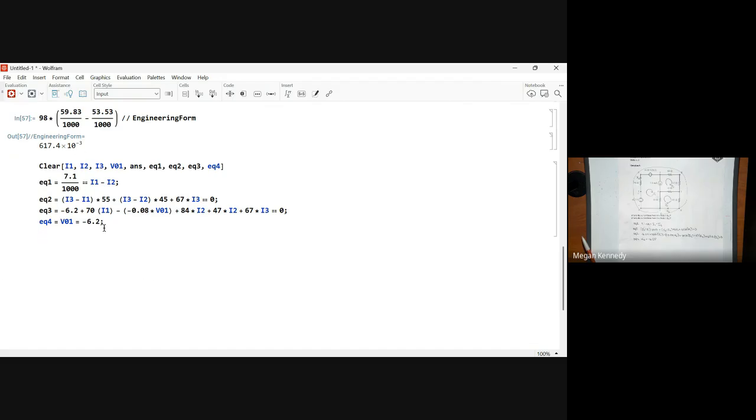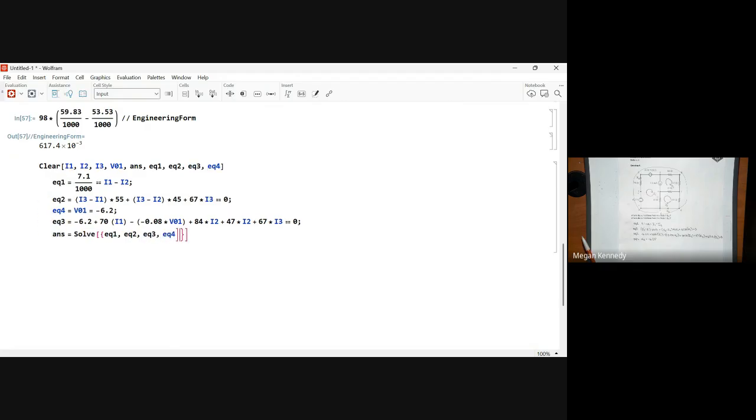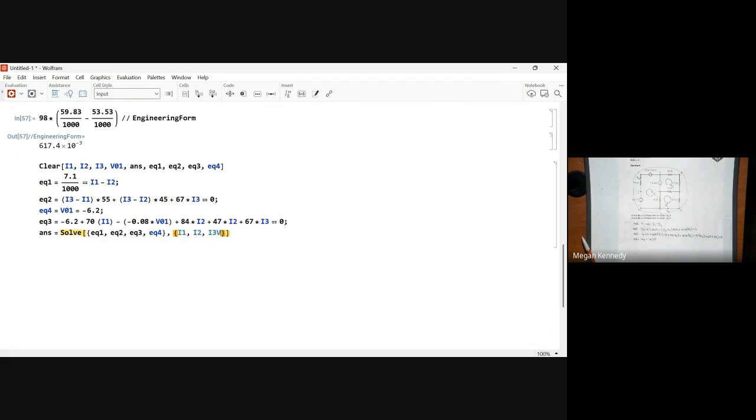And like Joe said before, Mathematica might get a little mad if that is below that one, so I'm just going to put it in just to make the program happy. But then we can write our solution of Q1, Q2, Q3, and Q4. And we can do I1, I2, I3, and the 0 to 1 just to make it happy.